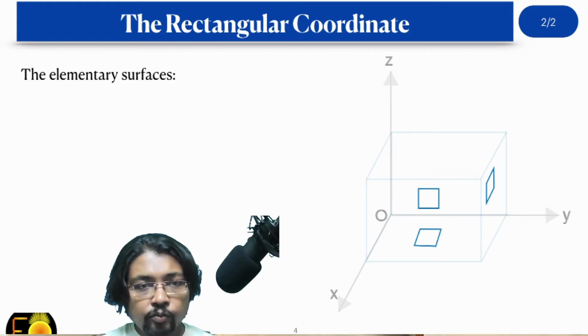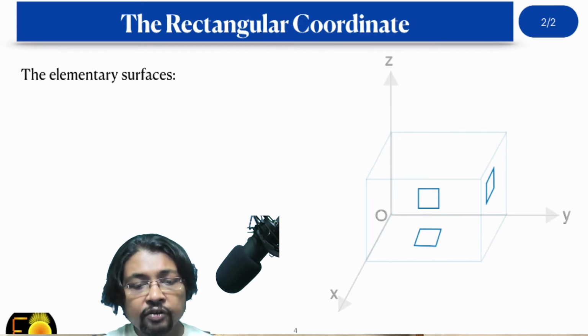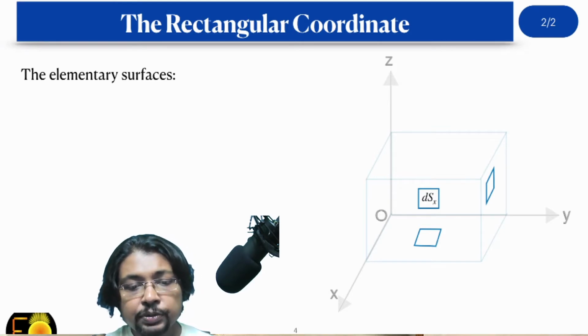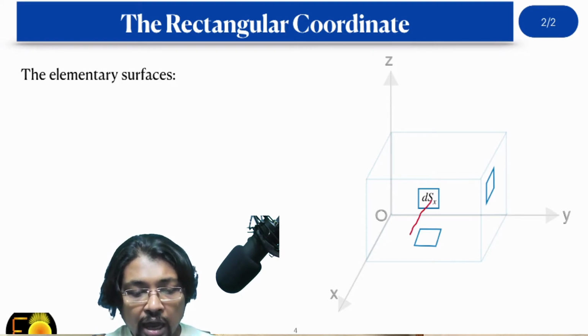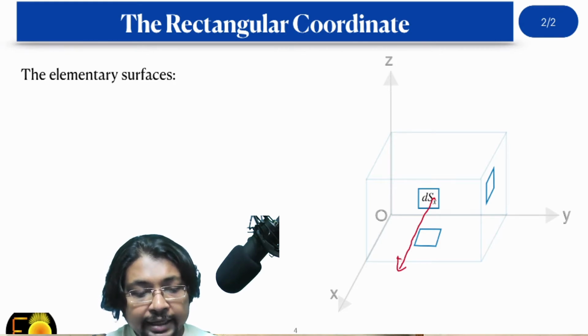As you can see, I have marked three small tiny surfaces on each of the largest surfaces of this cuboid. Now, first of all, this dsx represents the small tiny sample of the surface which has the surface normal along the x direction, and it has the differential length along the y direction, dy, and the height along the z direction, dz.